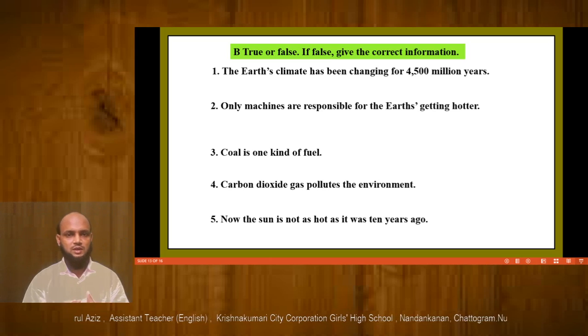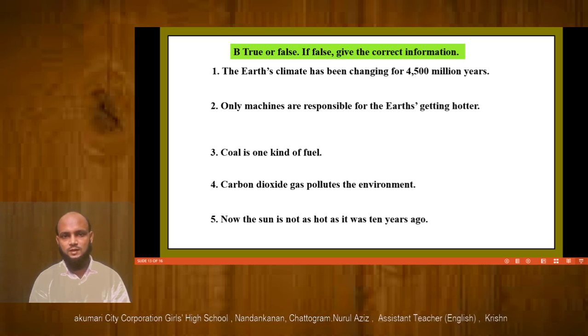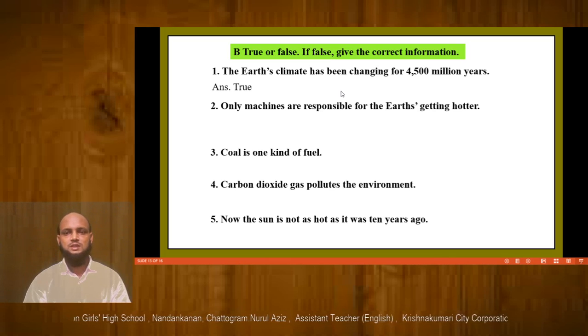What have you learned a minute ago? Yes, this is true, because the climate has been changing for 4500 million years. So this is true.